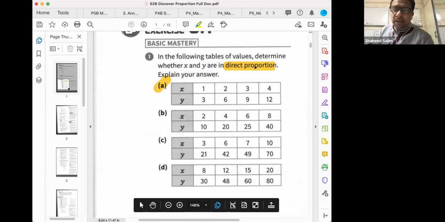Yes. What's K? 3. Okay. Can you try D then?